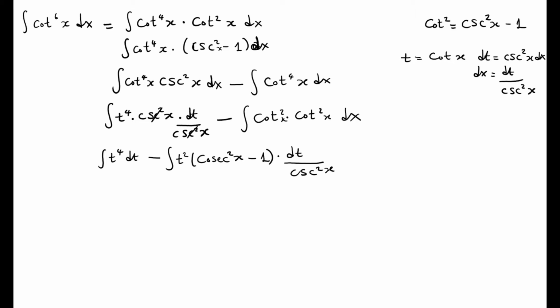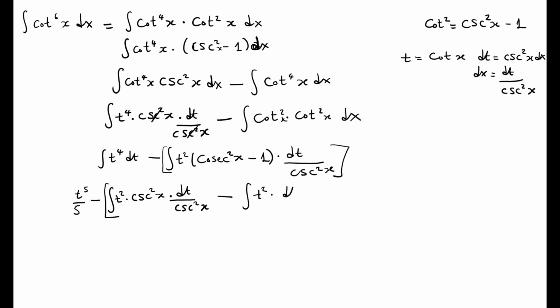So this one will give you t to the power 5 over 5 minus the integral of t to the power 2 times cosec squared of x multiplied by dt over cosec squared x. So this minus the integral of t squared multiplied by dt over cosec squared x. Here also these will cancel out, so you remain with this side.